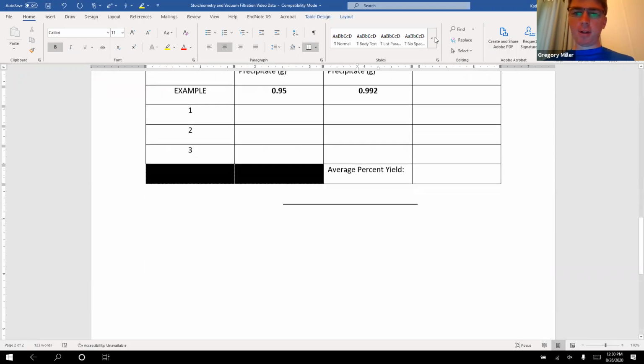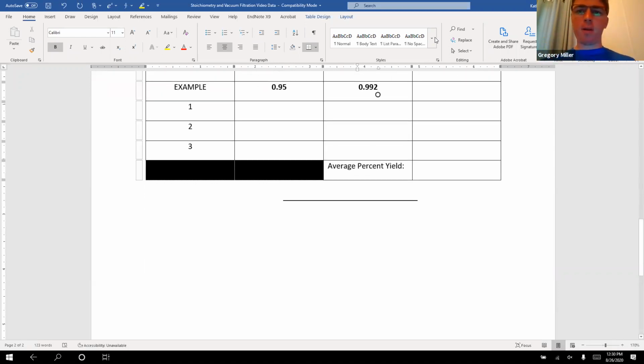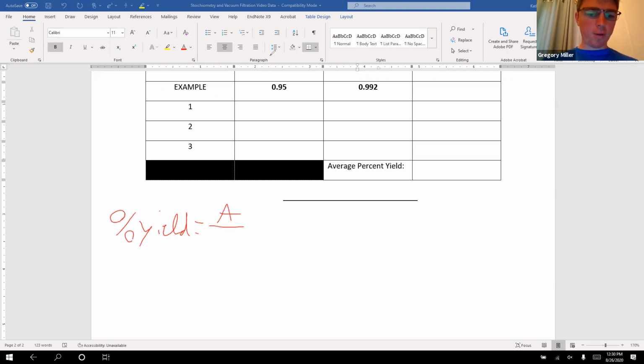So our percent yield, if we remember our equation, is actual over theoretical times 100%.